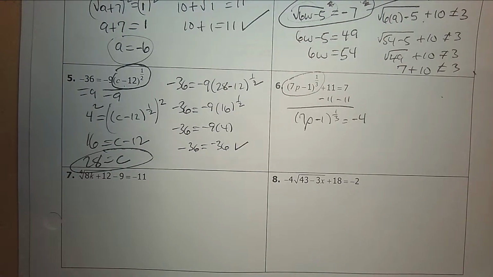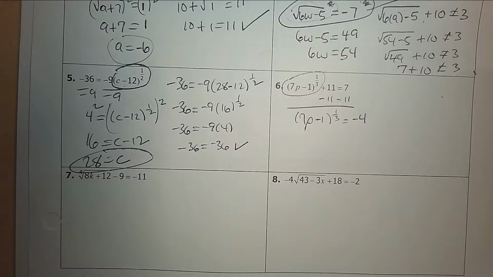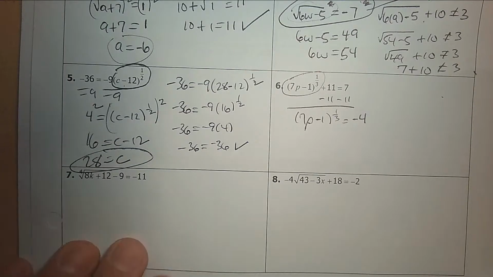At this point, you should think, does this mean no solution? Because I have a radical equal to a negative number. Or is there a solution? There is one because it's an odd root, right? But if it was an even root, it'd be over. No solution, over.